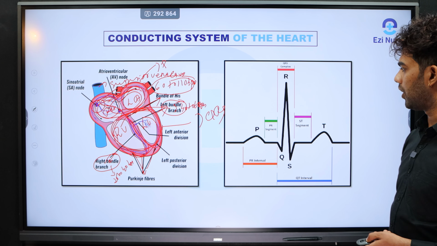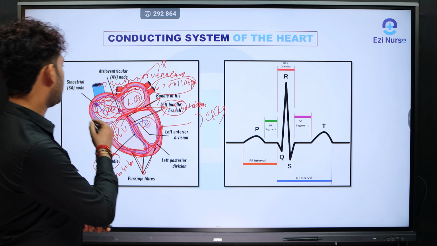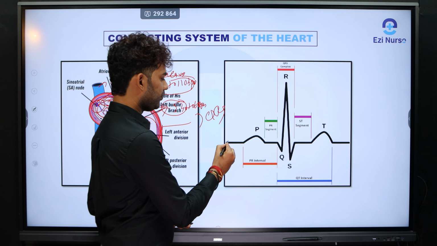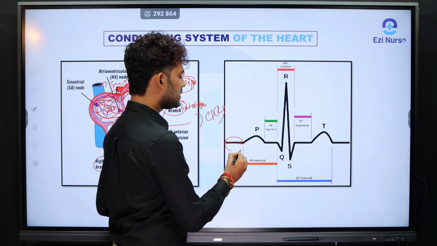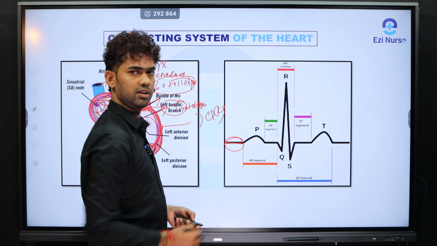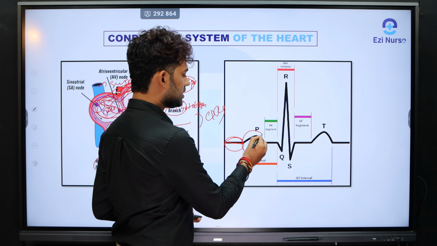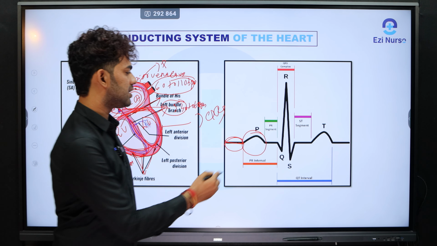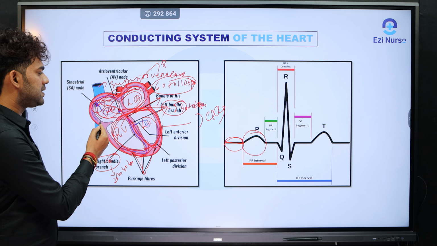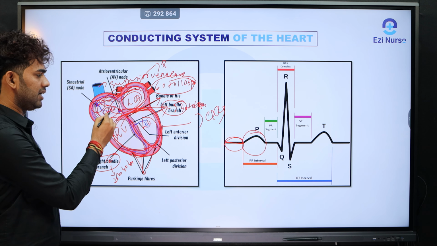PQRS rhythm. So here, as I told you, the electrical signal is starting from the SA node. Here, this is a straight line. We can call this line an isoelectric line. There is no electricity. Then this will be the P wave. See the shape of the P wave? It is a round shape. The SA node is producing the impulse, and the impulse first contracts the atria.